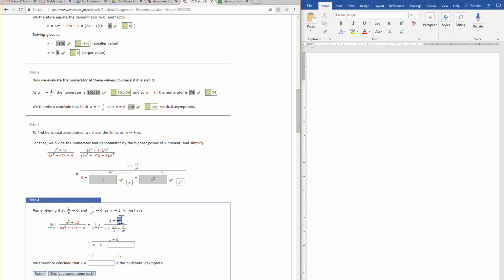So 10 over x squared will go to 0. The 6 will remain 6, the 47 over x will go to 0, and the 8 over x squared will also go to 0. And so all we're going to have is 1 divided by 6. Therefore we can conclude that y equal to 1 divided by 6 will be your horizontal asymptote.